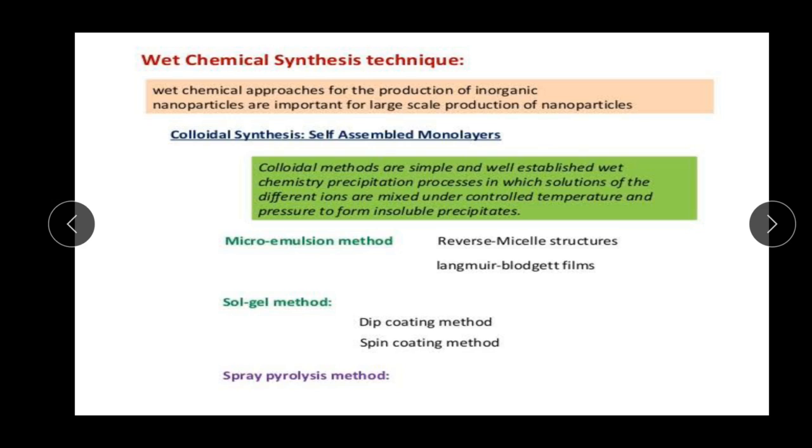Transition metal nanoparticles can be produced via sonication of their respective chemical precursors. For example, nickel has been sonicated under an argon atmosphere to obtain amorphous nickel.